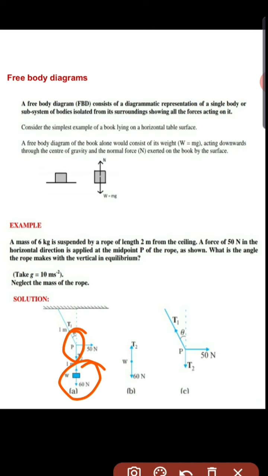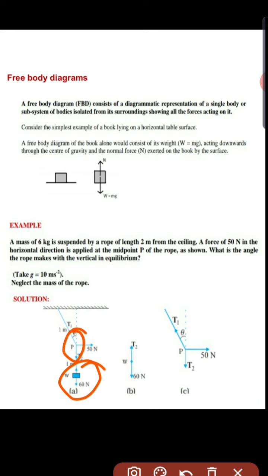That's what we are going to do here. We know 50 Newton is exactly in the horizontal direction, T2 is in the vertical direction, and T1 is in some other direction. So T1 we will resolve into horizontal direction and vertical direction.